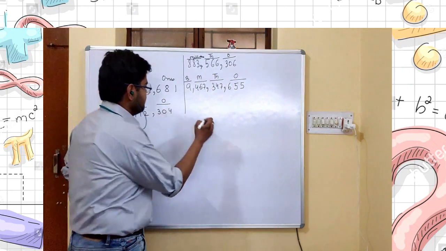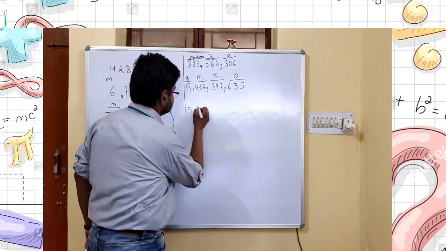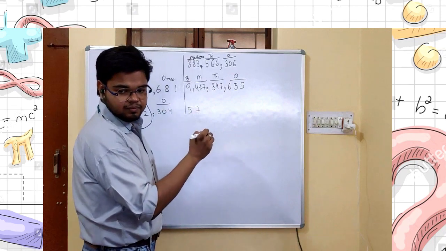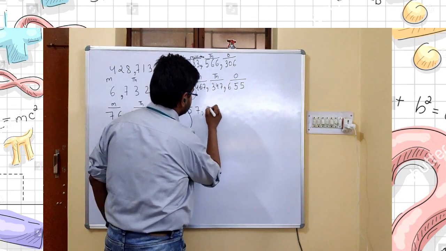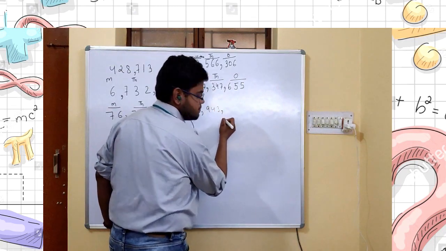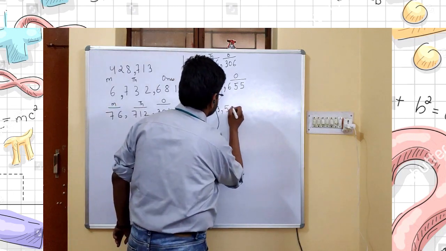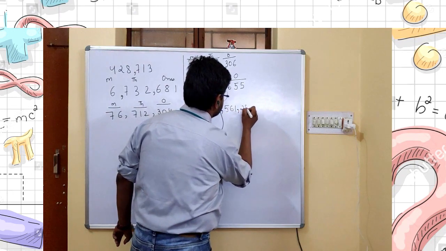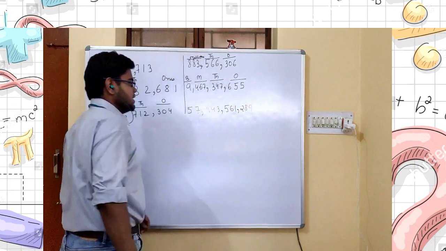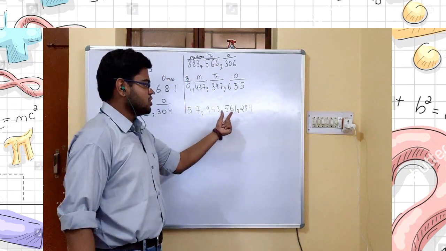Another example, 5, 7, 9, 4, 3, 5, 6, 1, 2, 8, 9. So as you can see, after every three digits we put a comma.